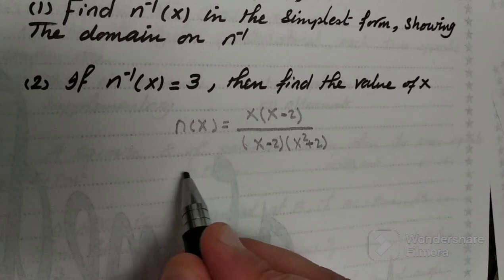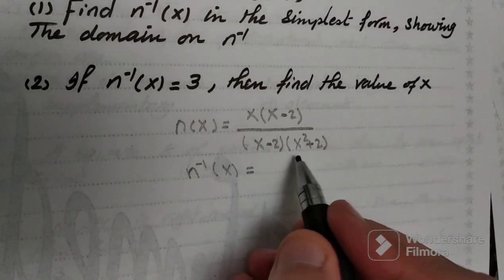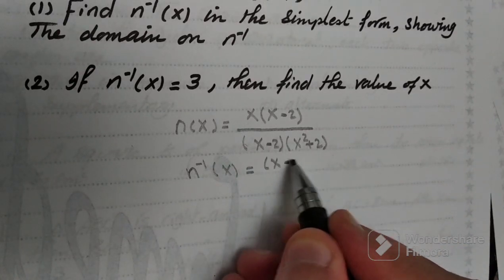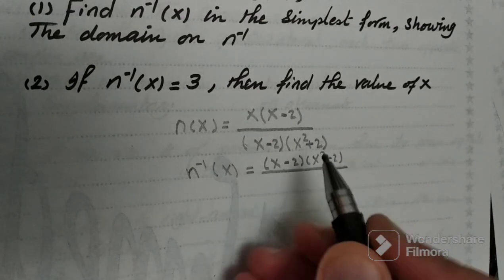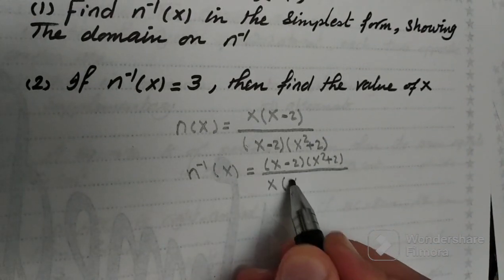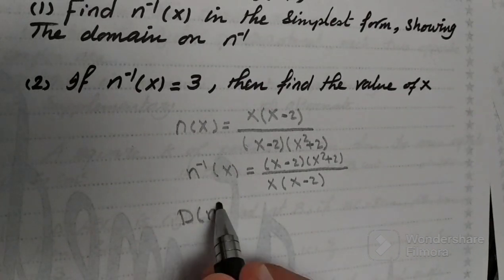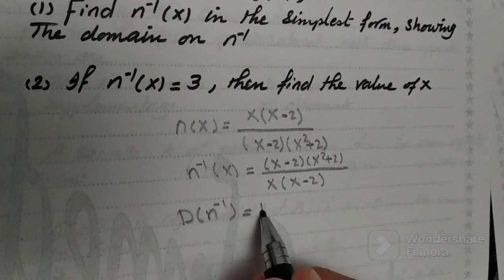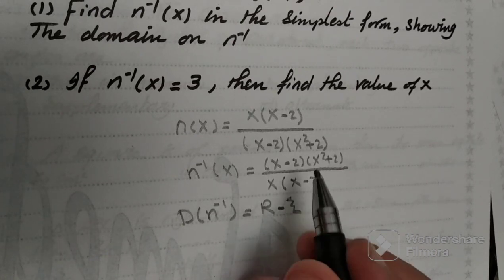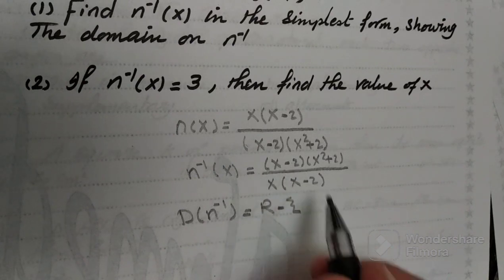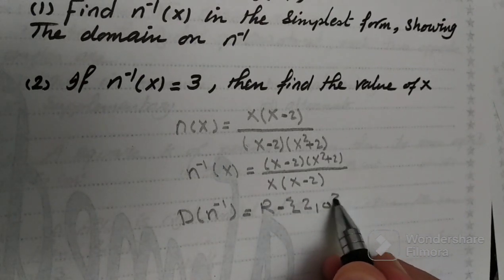n power negative 1 of x: reciprocal the fraction, x minus 2 multiply x power 2 plus 2 over x multiply x minus 2. The domain of n power negative 1 of x equals R minus the set of zeros of numerator and denominator. x minus 2, 2. x, 0, negative 2, 2.